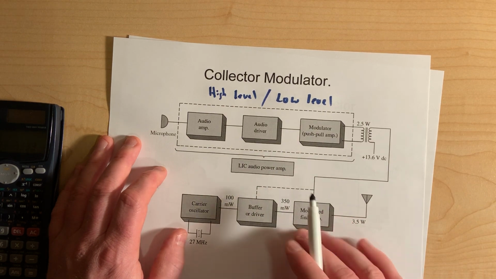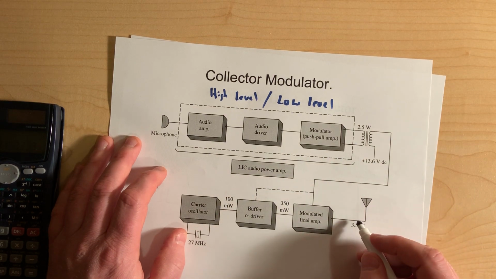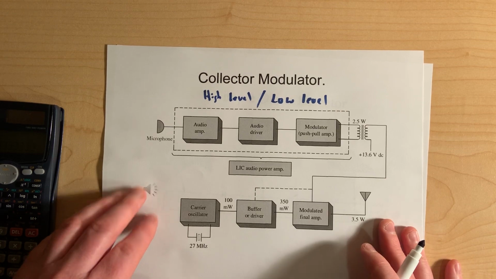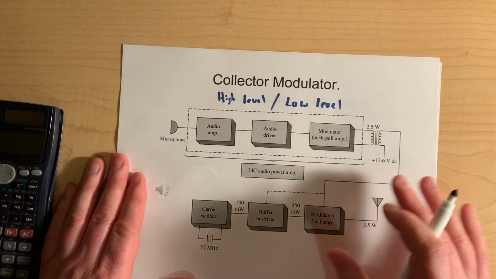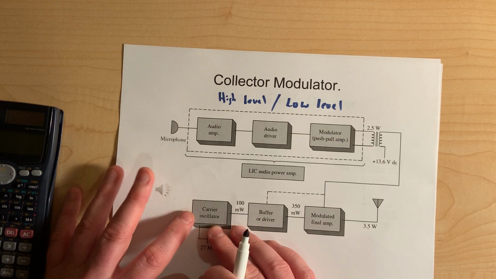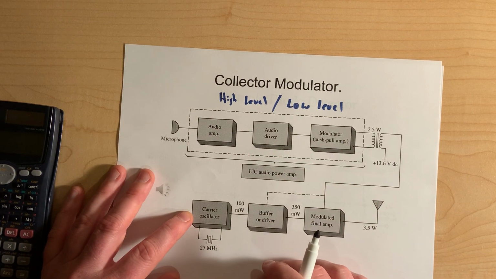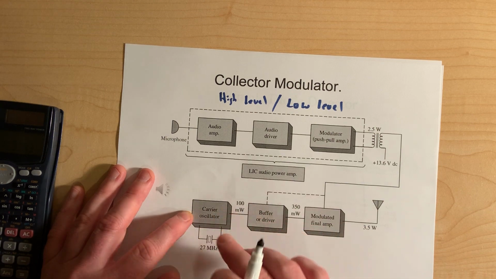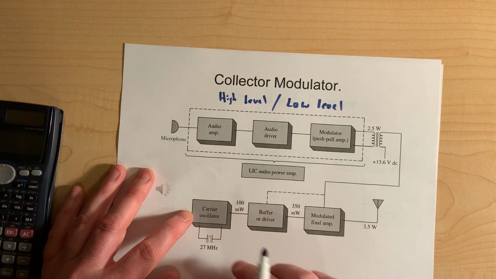Okay, so the difference between high and low modulation is strictly at what point you introduce the two signals together. Okay, so what we have here is the block diagram of the collector modulator. Now I go into the slide on how the collector modulator works. Essentially, it's a Class C amplifier. We apply the carrier signal to the base of a transistor, and we set a negative potential there so that we bias that transistor only on the peaks of the carrier wave.